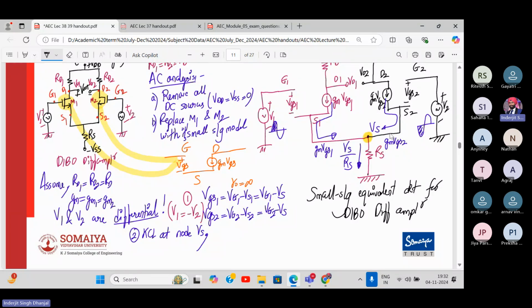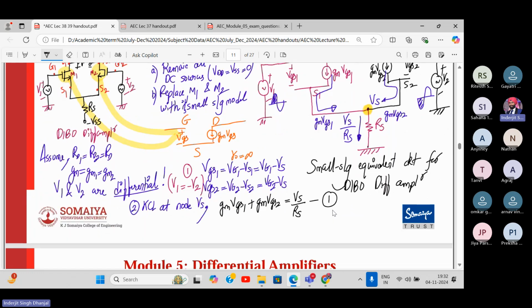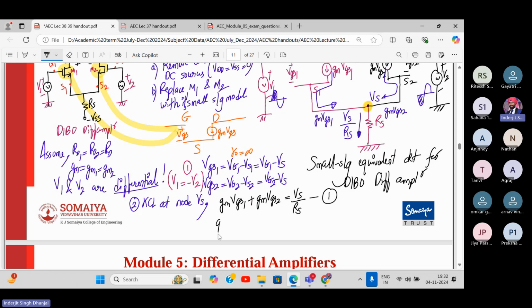Incoming currents are these two and the outgoing current is Vs upon Rs. Let's call this equation number one. Correct? Now, GM, take it common. We get VGS1 minus VGS2 is equal to Vs upon Rs.